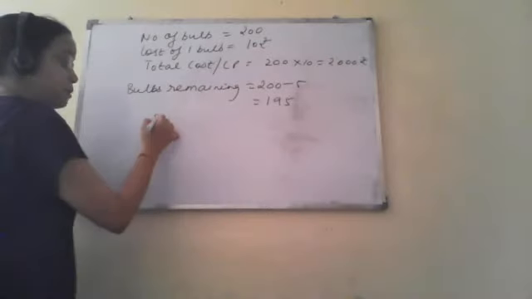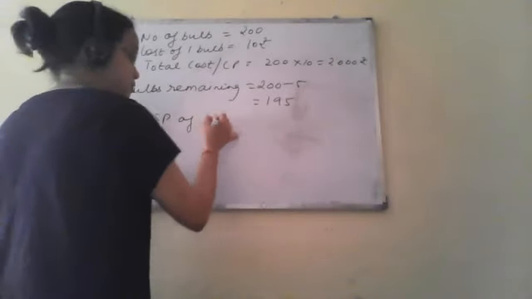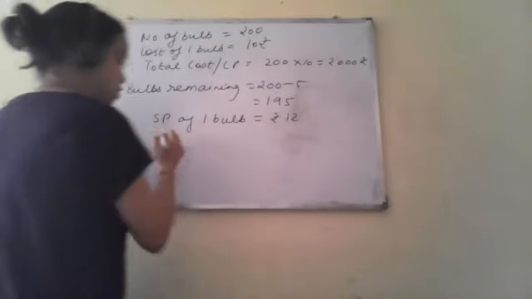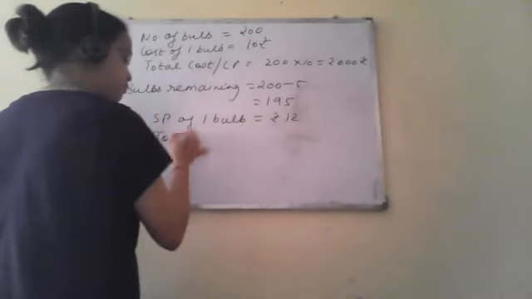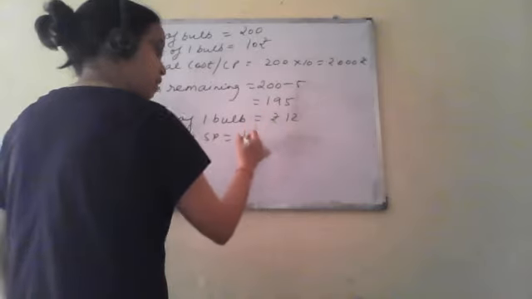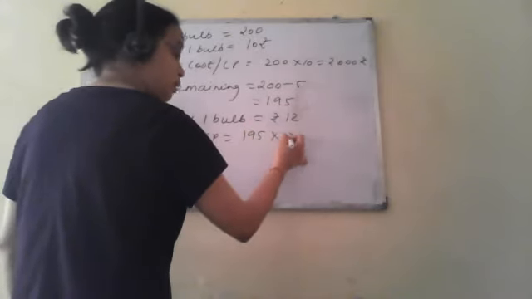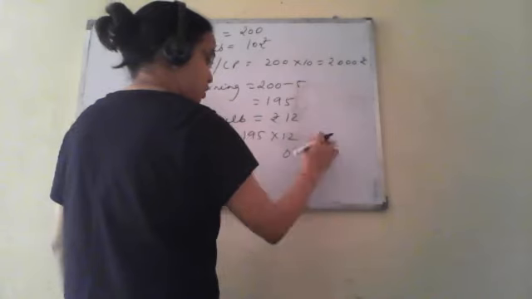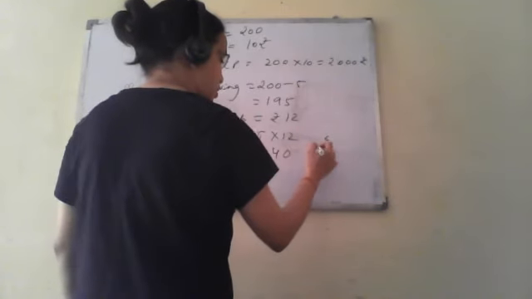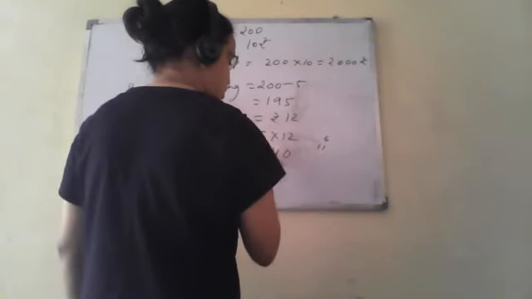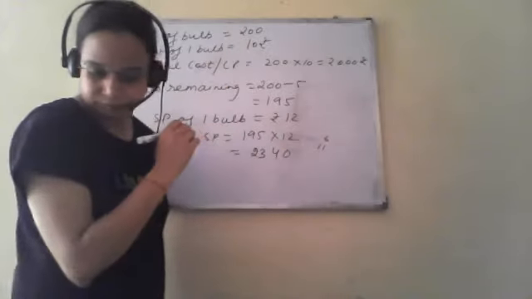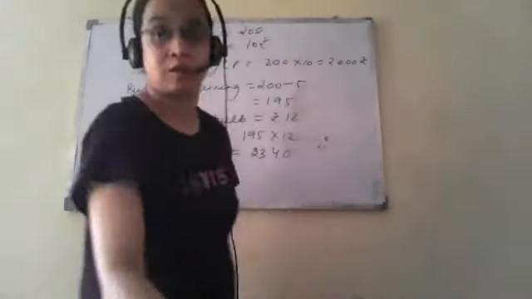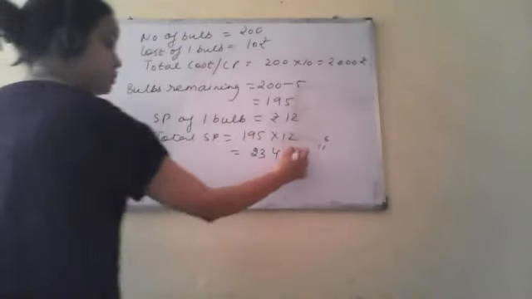So the selling price of one bulb was rupees 12. So total selling price will be 195 into 12.